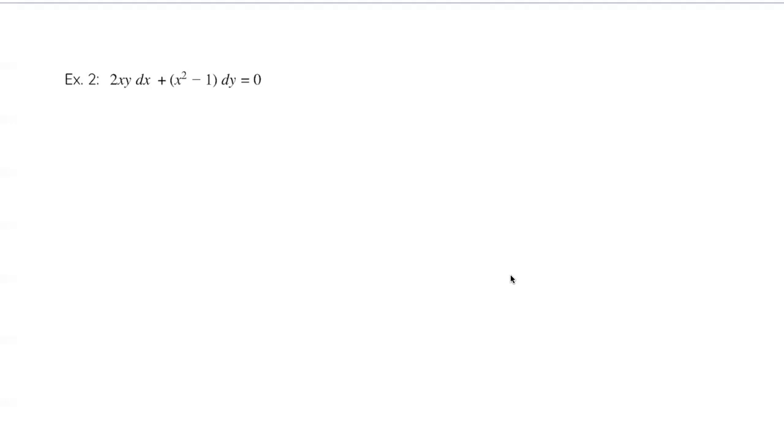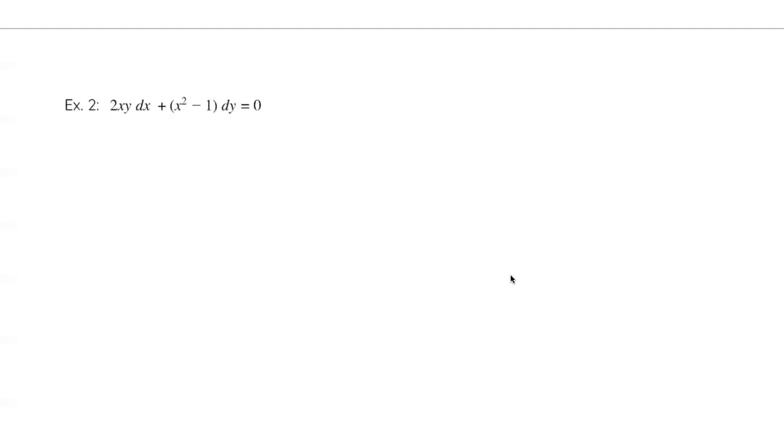If we think about our process from the first part of the video, we had to start by determining if a differential equation was exact or not. In order to find that, we had to identify our M, which is the coefficient function of the dx, and we had to find our N, which is the coefficient function of dy.